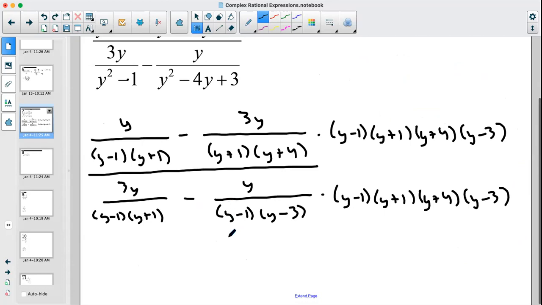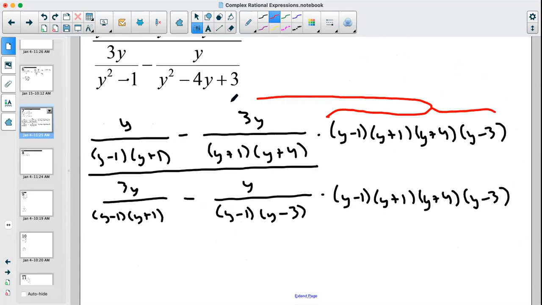So if I was going to multiply all 4 terms by this big LCD, I'm going to do all of this times this first fraction. What it's going to leave me is this. The y minus 1 and the y minus 1 are going to cancel out. I'm going to actually cross them off. This is going to cancel off with that.